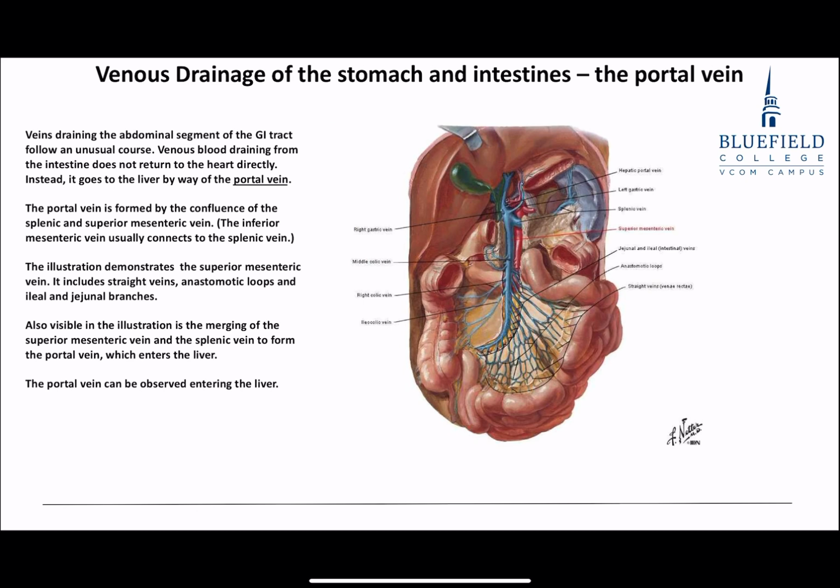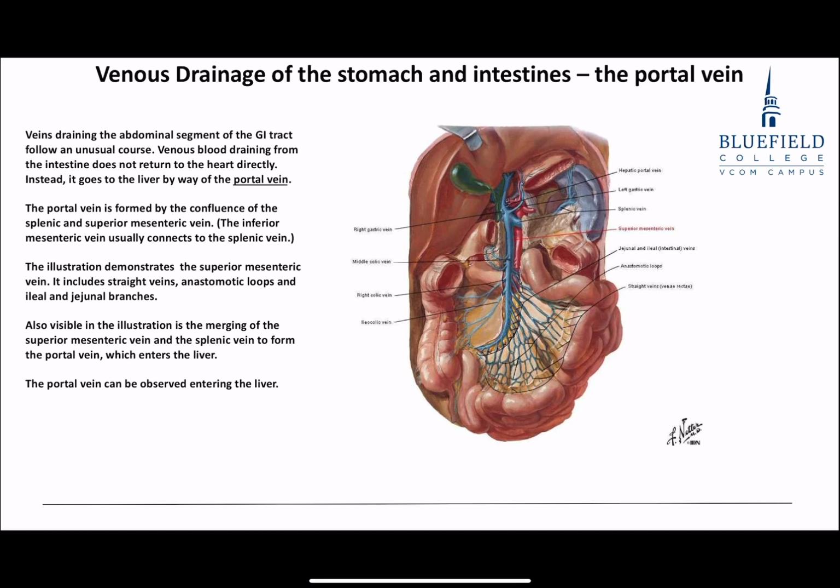So here are the veins that are draining a majority of the small intestine. Of course, those are going to be draining into the superior mesenteric vein. And looking at this picture, I didn't mention when we were looking at the arteries, I'm going to tell you one other thing and then go back to that vein picture.